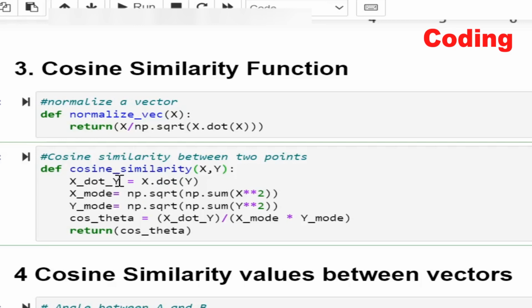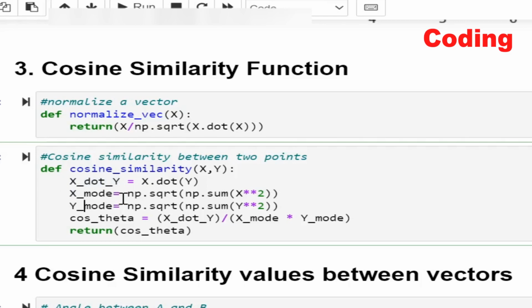It takes two vectors, x and y. We find the dot product between x and y, which will be our numerator as part of the cosine similarity function.